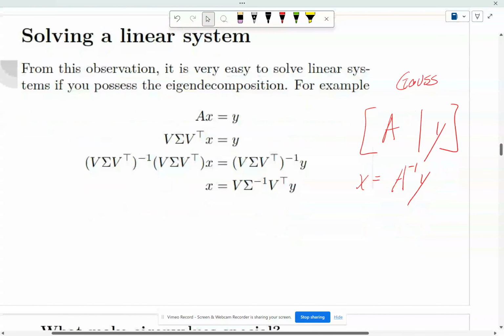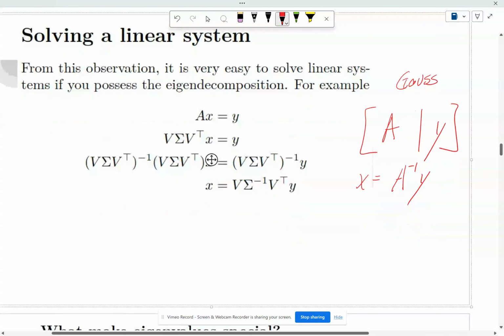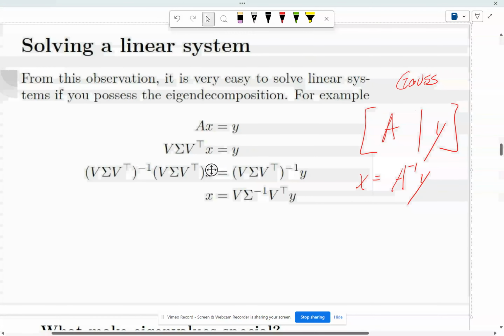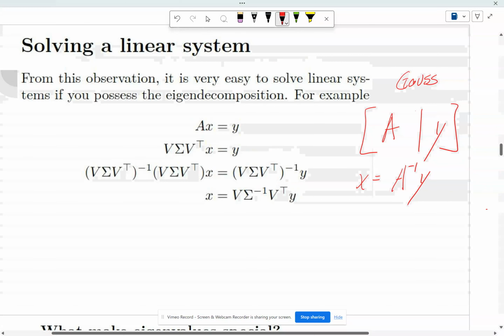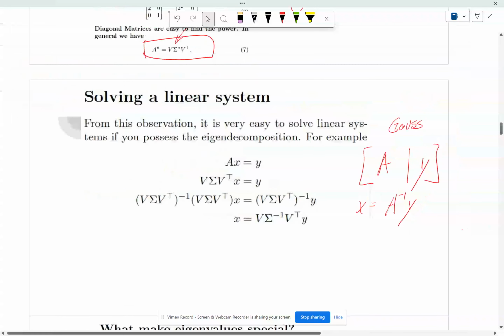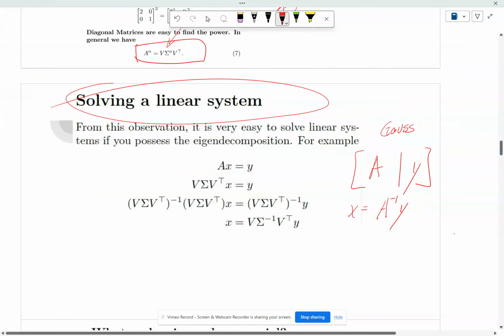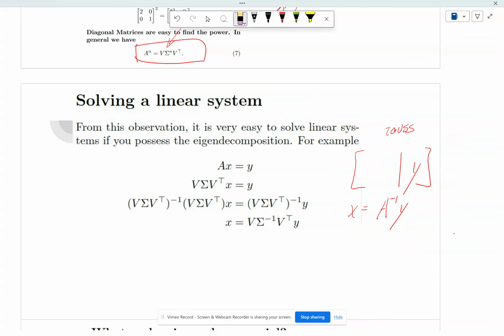And then we found out that, what did we find? I forgot. But in any case, I think there was another way to solve for A. But if you know the eigendecomposition, we can solve a linear system another way. Let me show you how.